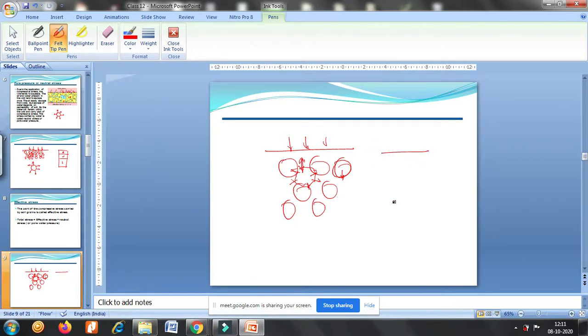If we consider a section AA, this is a soil particle. When we apply the stress here, this soil particle will also apply some stress in the downward direction, and the stress given by the soil particle in the downward direction is called the effective stress.